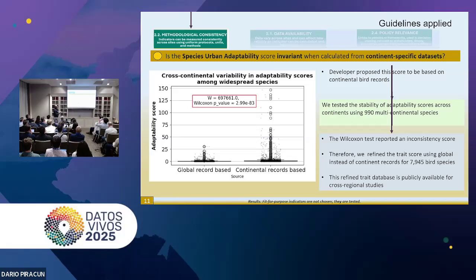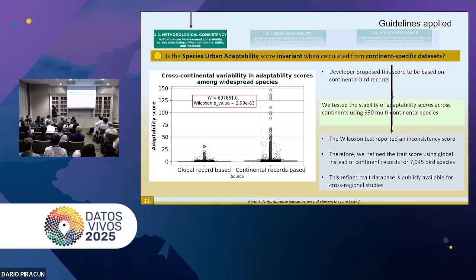But we tested the stability of the adaptability score across continents using 990 continent species. When you look at this map, using the Wilcoxon test, it was reported that if you use data from a continent versus the global record of that species, the score changes; it is actually variant to the continent.